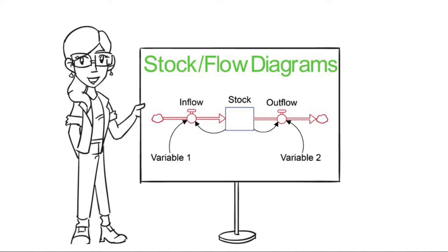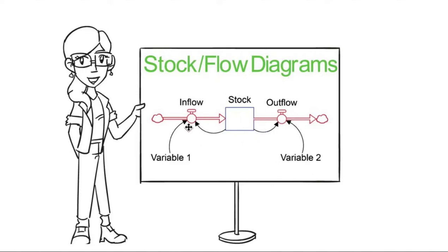The third thing that's needed before you model is to convert your causal loop diagram into a stock and flow diagram. Basically the goal is to find out what it is that you are interested in measuring or optimizing, figure out all the variables that support the inflow of that stock, and then figure out all the decays or the outflows.